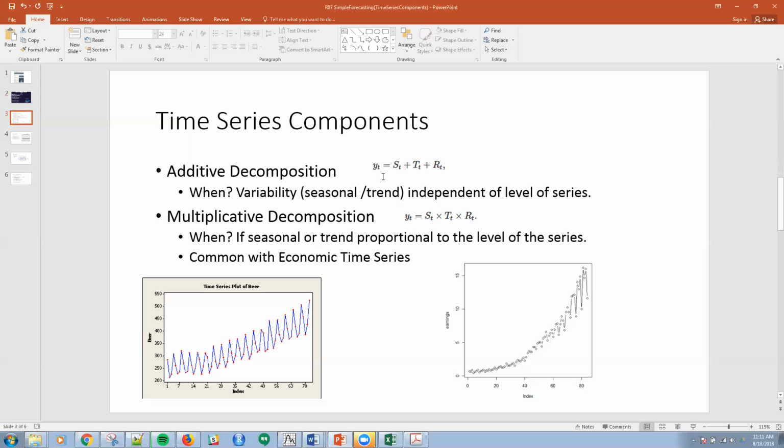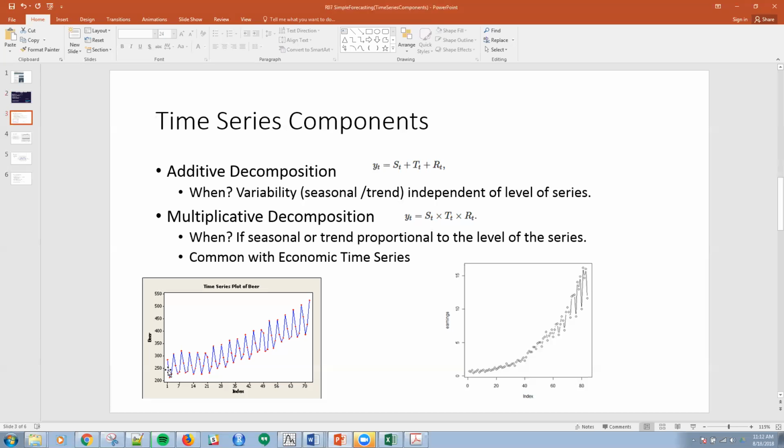So in an additive series, mathematically, you can break Y down into the seasonal, the trend, and the residual part of the time series. And then obviously a question is when do you need an additive model? That's when the variability, either the seasonal variability or the trend variability, is independent of the level of the series. What do I mean by that?